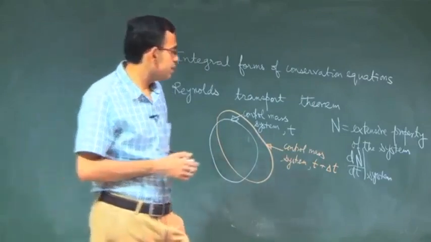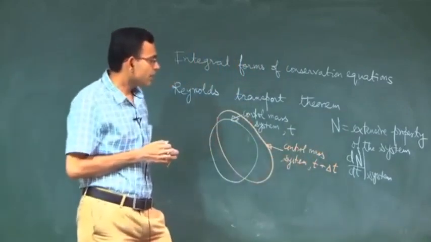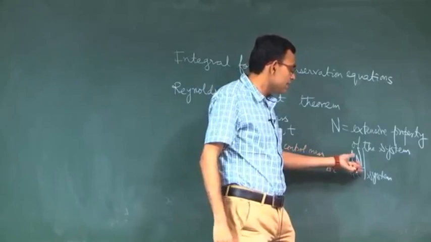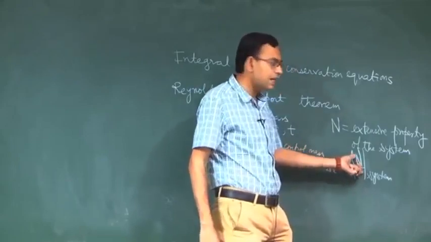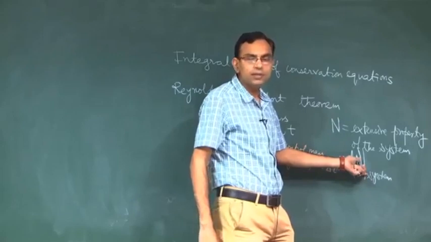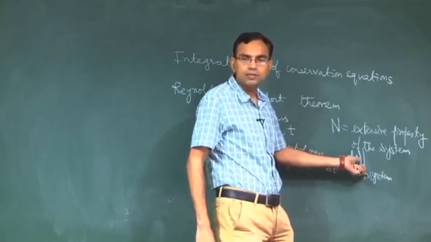Why is it so needed? It is needed because of this dN/dt of the system. Imagine that N is equal to the mass. So we have the law of conservation of mass, which says that the total mass of a system remains conserved.